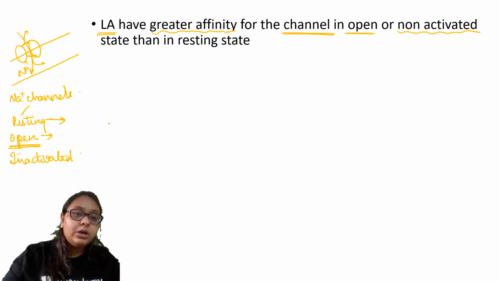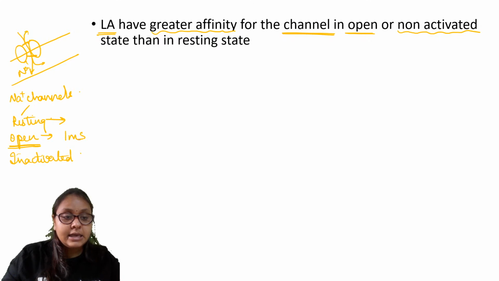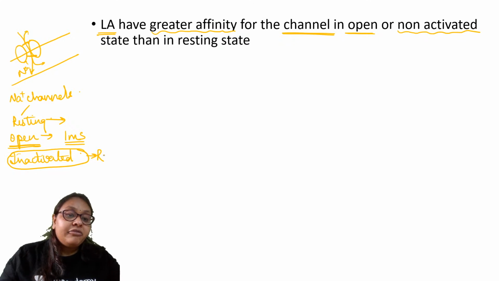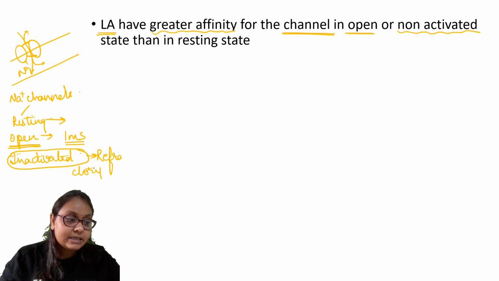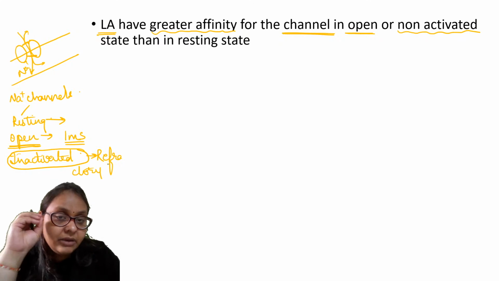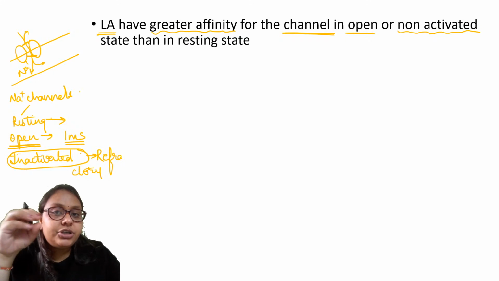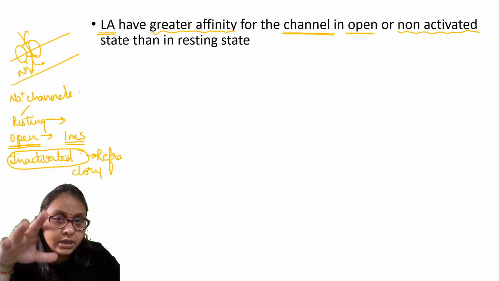They open only for 1 millisecond and after that they enter into the inactivated state, that is in the refractory state. At this stage, even if the stimulus is applied, there is no generation of the action potential, है ना?